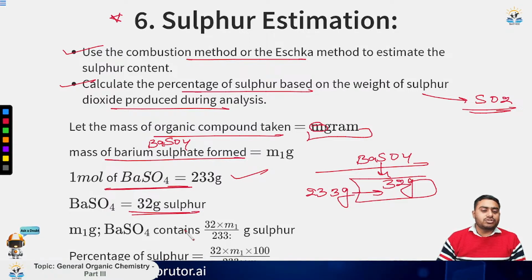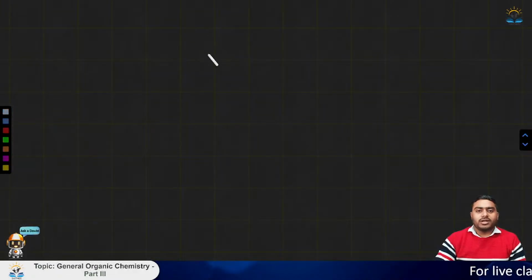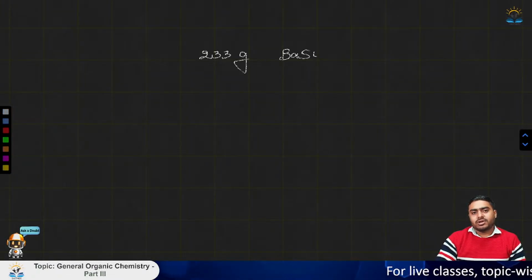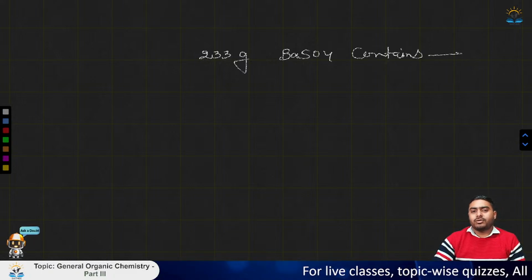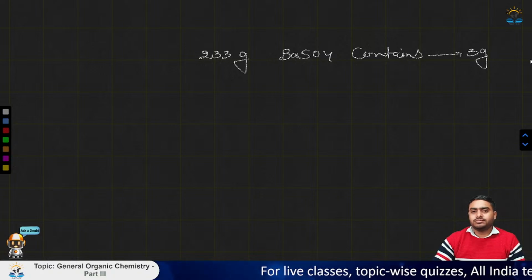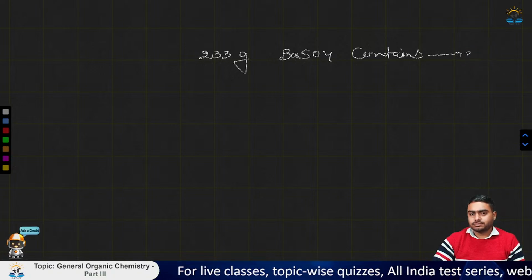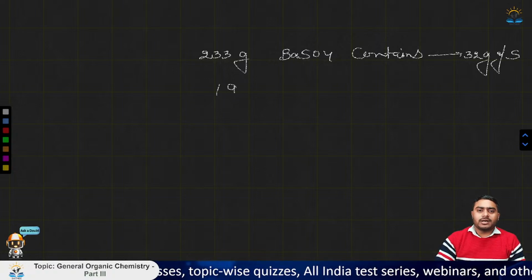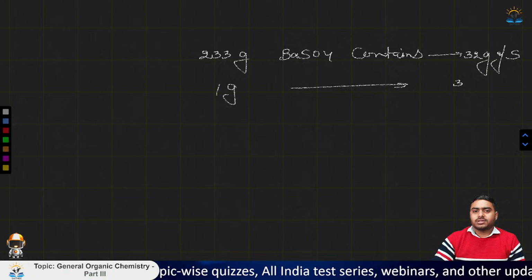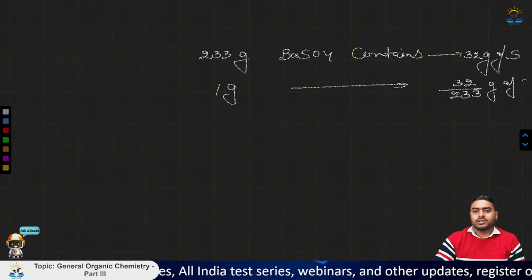So if 233 gram BaSO4 contains only 32 gram of sulfur, then 1 gram BaSO4 contains 32 divided by 233 gram of sulfur.